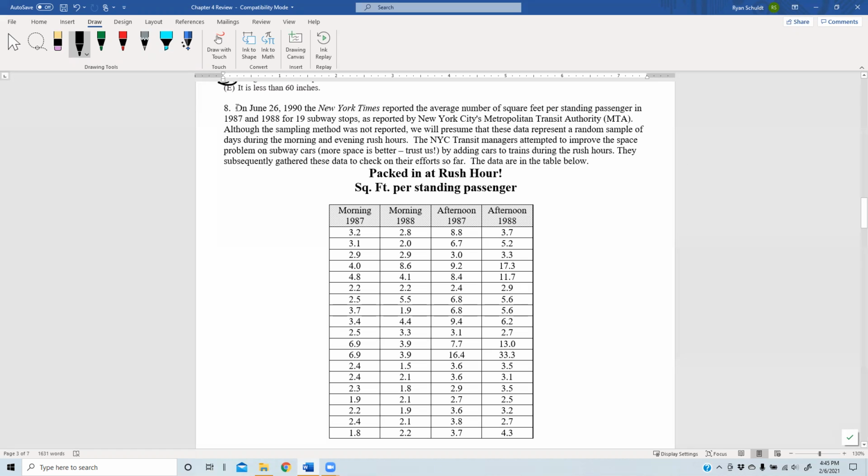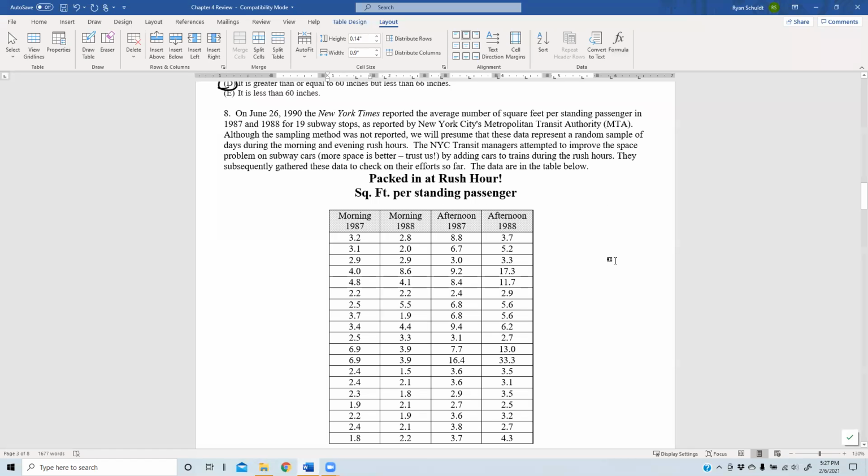Okay, so now for number 8. For this next one, we actually get our first workout question. They give us this information about subway stops in New York, and that's great and everything.